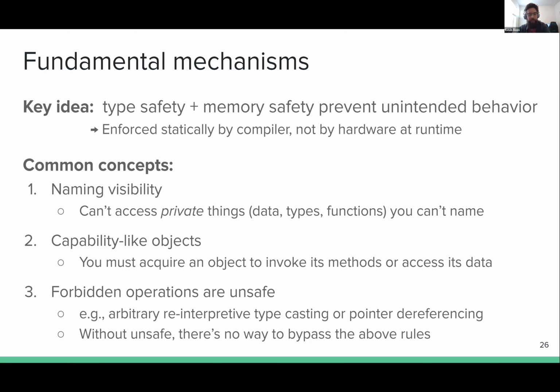So examples of that are things like arbitrarily reinterpreting a particular type via arbitrary casting, or dereferencing random pointers, right? That's never going to be safe. Right? So the key point here is if we don't have unsafe code in an application, for example, there's no way for that application to bypass the above safety rules. Right? So I'll give some concrete examples of each one of these concepts.